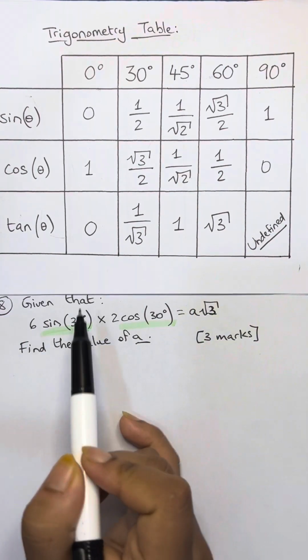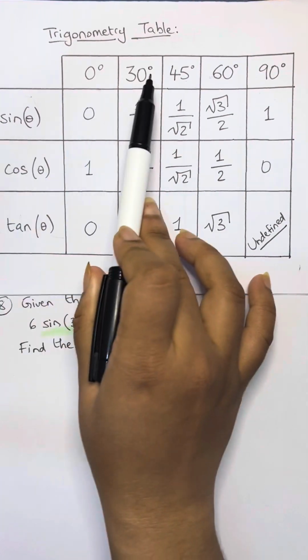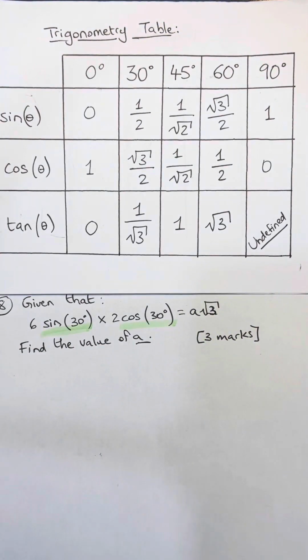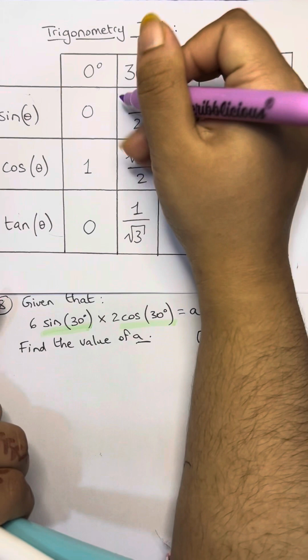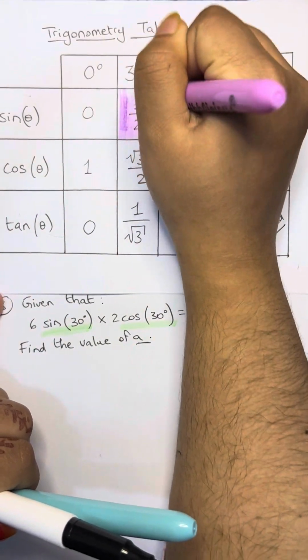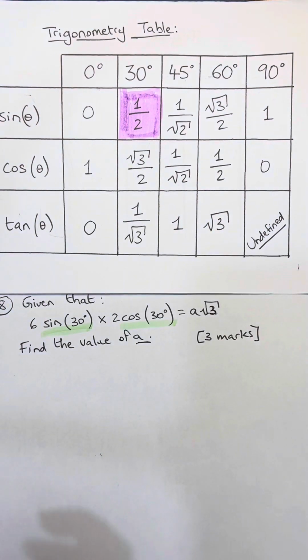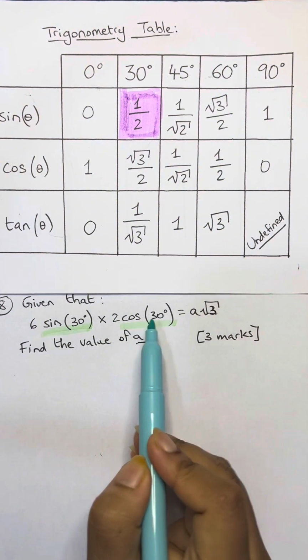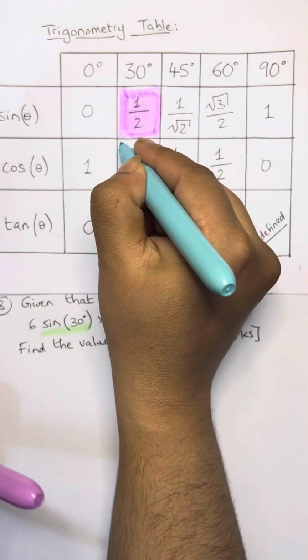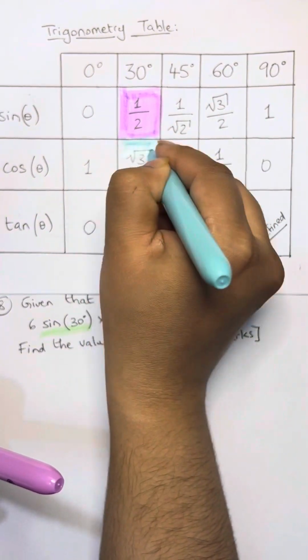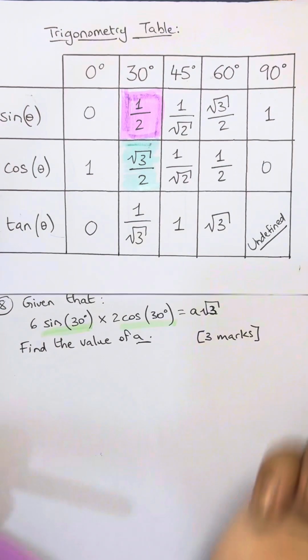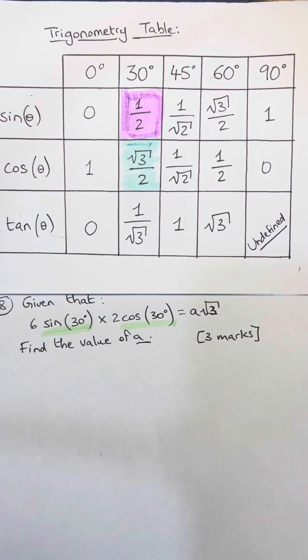So here, sine of 30 is exactly a half, and cos of 30 is therefore exactly square root of 3 over 2.